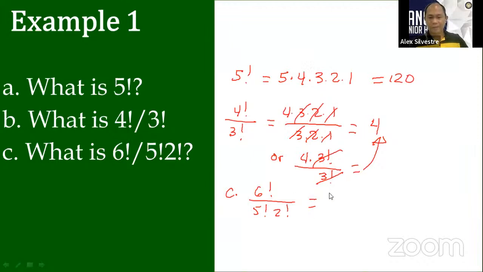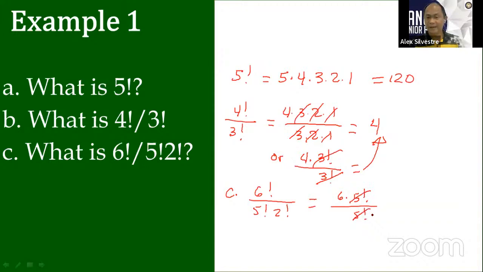Now, our 6 factorial, we can write 6 factorial or we can expand it: 6, 5, 4, 3, 2, 1. Remember the technique I showed you earlier? Since we have 6 in the numerator and we already have 5 factorial in the denominator, there is a common 5 factorial. You saw that I stopped at 5 and did not expand until 1, because we have to cancel.